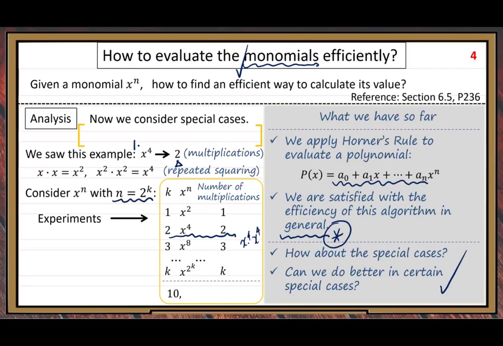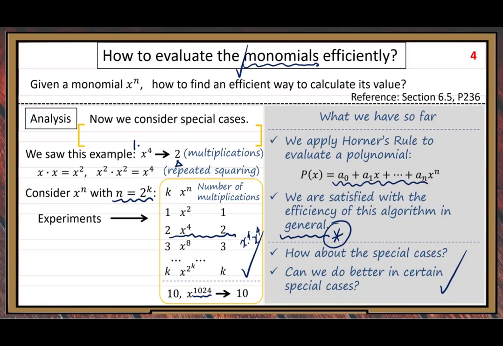So based on the new result we just derived here, because 2 to the 10th equals this number, 1024. Then, remember, the number of multiplications equals k. K equals 10, so the answer is 10 multiplications. If we apply the repeated squaring technique, we only need 10 multiplications.